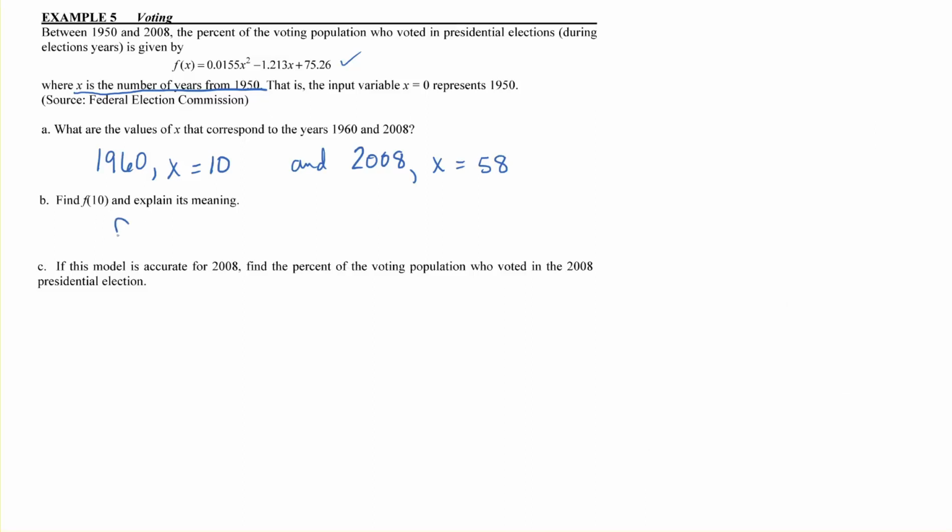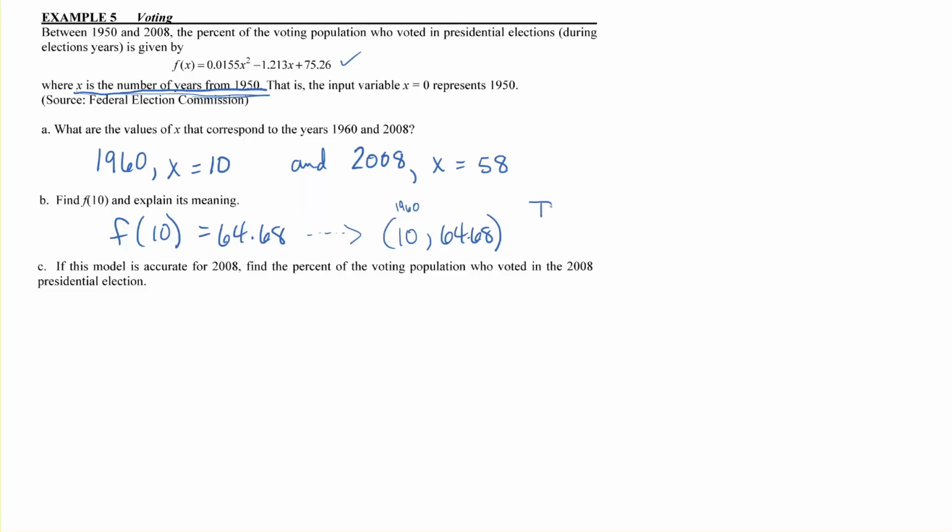So f of 10 equals 64.68. Remember, this corresponds to a point of 10, 64.68. And what does it mean? What is the x? X is the number of years from 1950. So this is 1960. Then the percent of the voting population who voted in the presidential election is here.